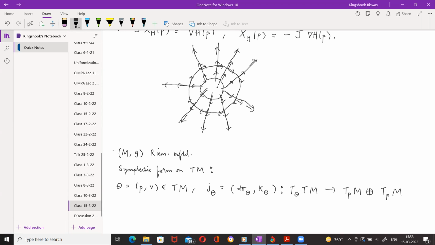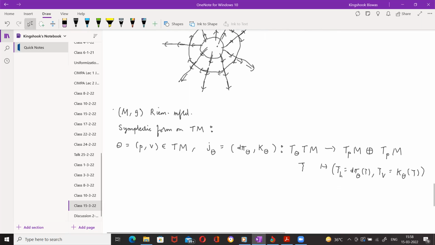So any tangent vector to TM, xi, maps to a horizontal component xi h, which is d pi theta of xi, and a vertical component xi v, which is K theta of xi. Okay, yes.